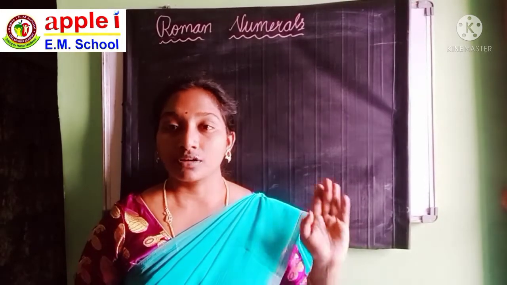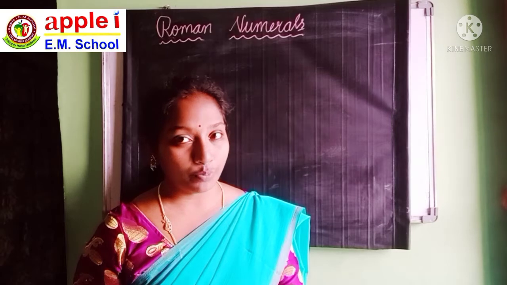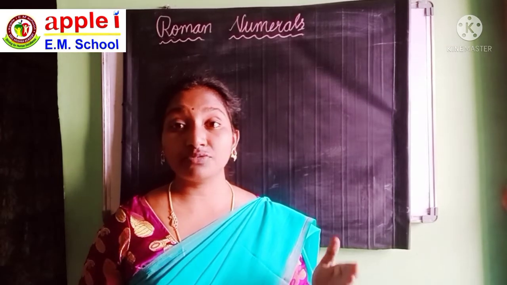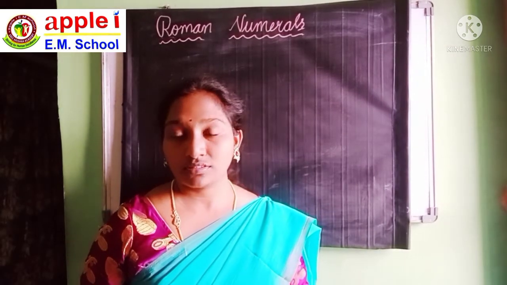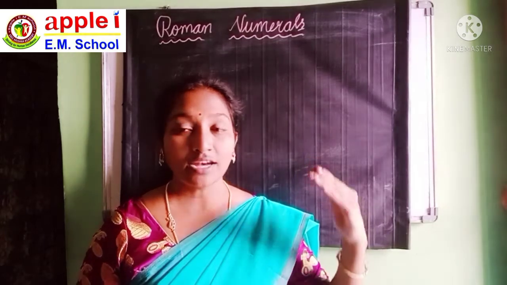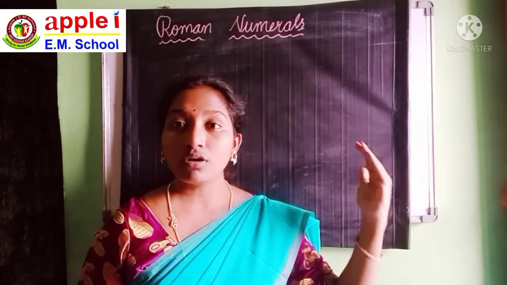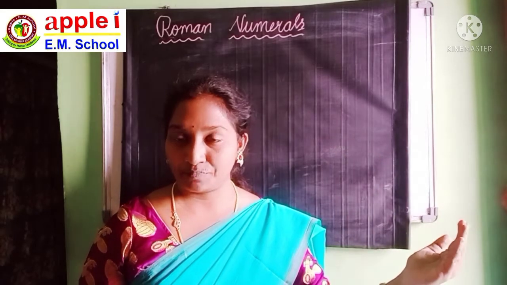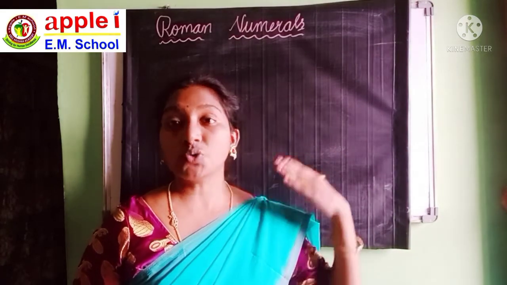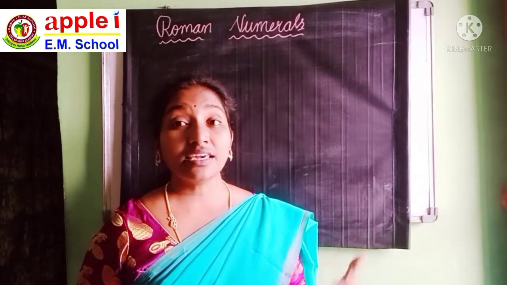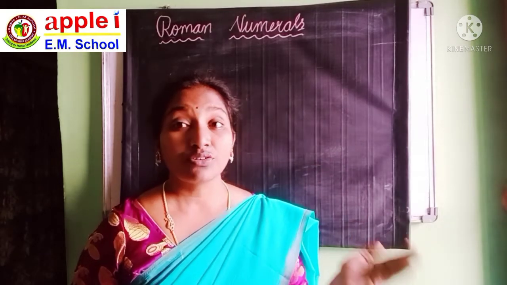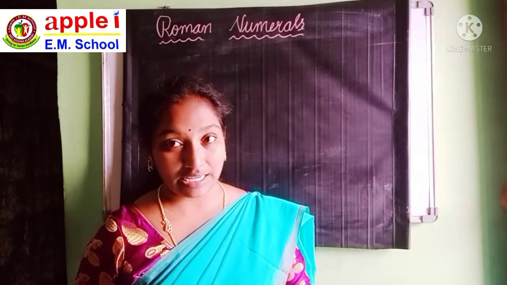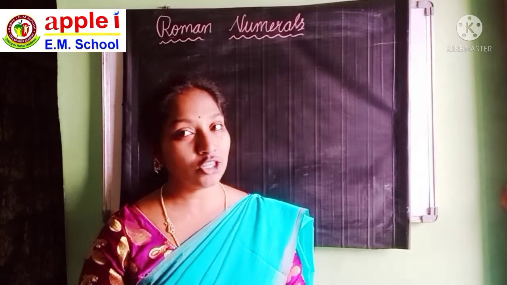Namaste children. Before starting Roman numerals, the numbers which we are writing now, 0, 1, 2, 3, 4, 5, 6, 7, 8, 9, from 0 to 9, were first used by Hindus.